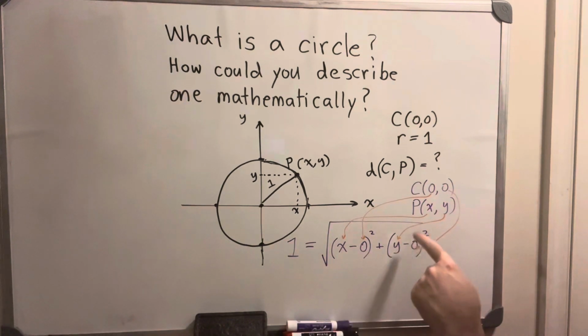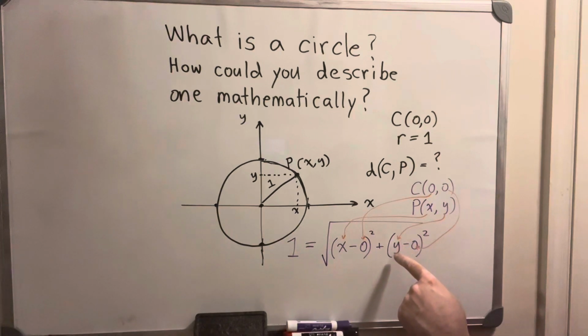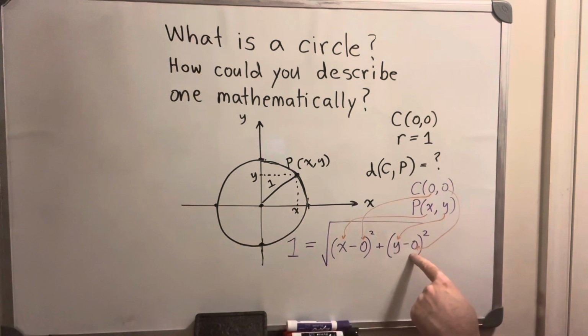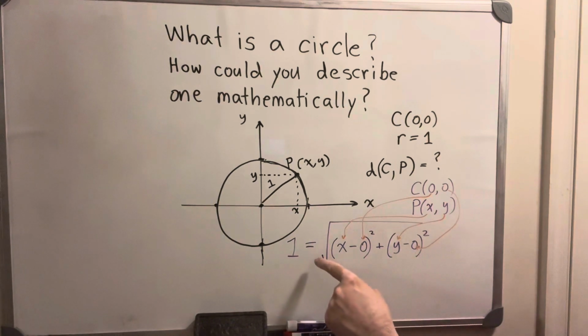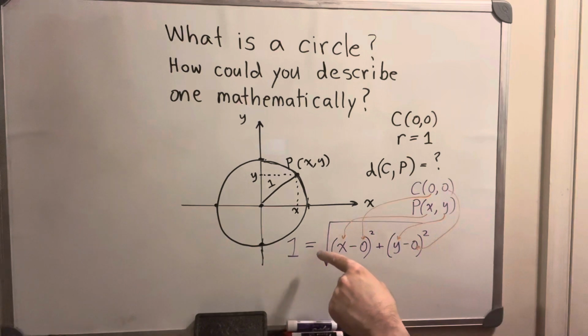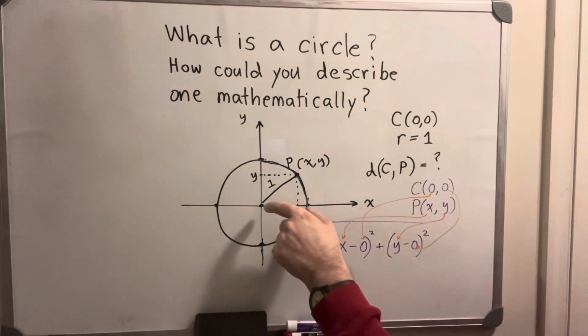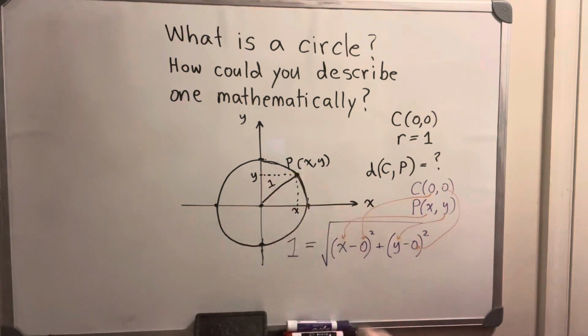And then the square of the distance in the Y direction between the point, which is Y, and the Y direction of the center, which is 0. So what does this all equal? It equals 1 because everywhere on this circle, the point on the circle is 1 unit away from the center because the radius is 1.